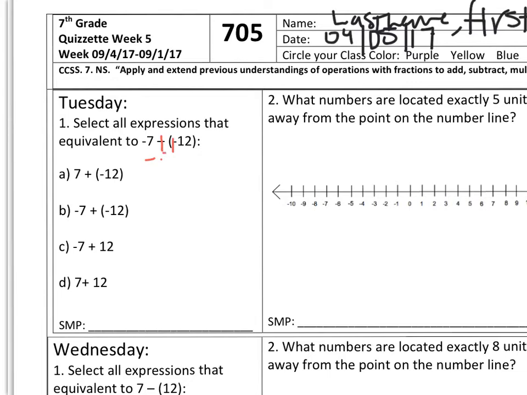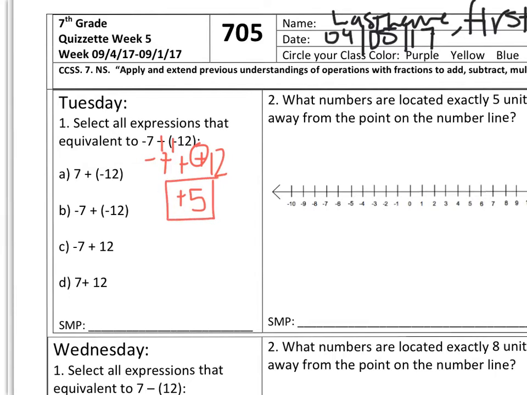So now you have -7 plus +12. These are different signs, so you're going to subtract them. So it's 7 minus 12, 5. And what's the sign of the bigger number? It's positive. So your answer is +5.